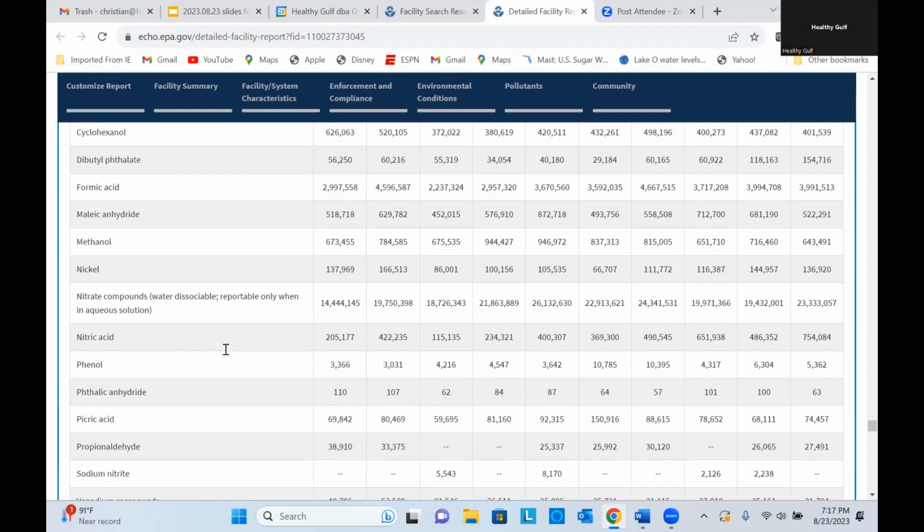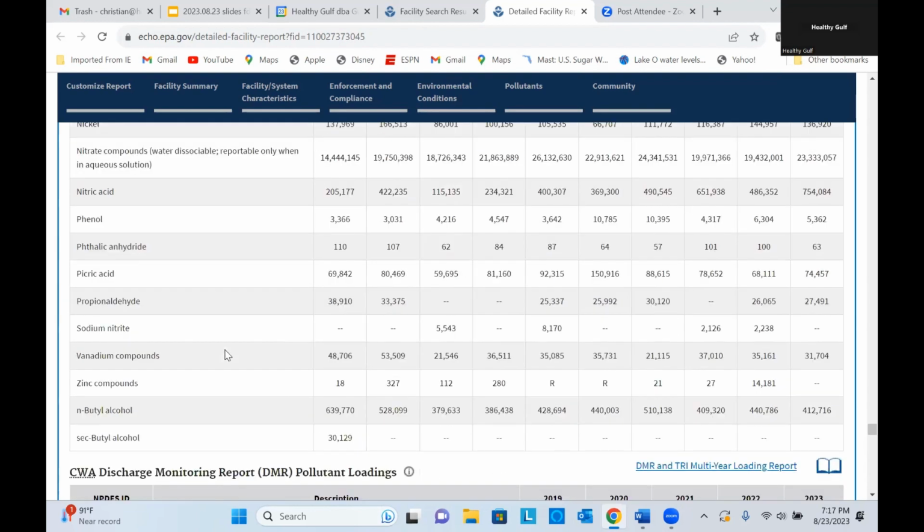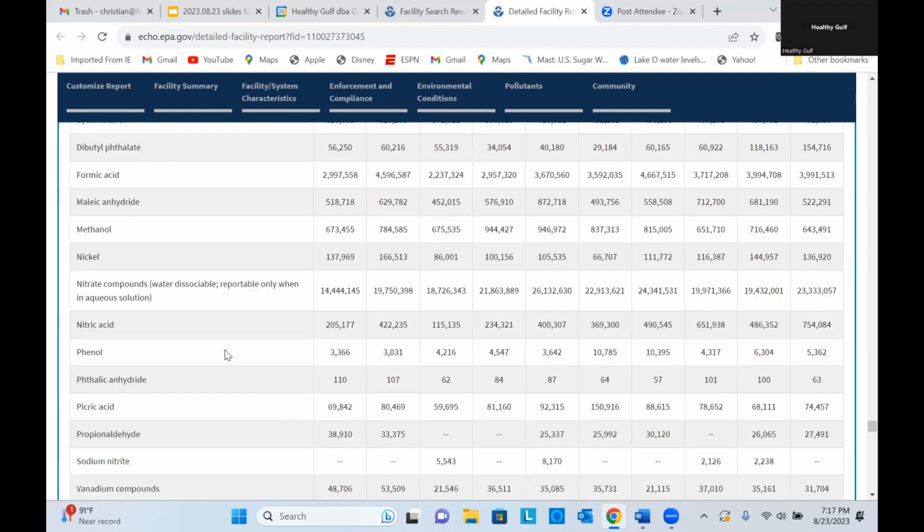But the TRI is really important because that list comes out every year. It's been required since the 80s, and it's almost like a shame list for companies because you don't want to be the top company or near the top on that list in terms of being one of the biggest dischargers in the United States. And what has happened every year is the county where I live here, Pensacola, or Escambia County, is one of the top dischargers of toxic TRI chemicals in the nation every year because of this one facility.